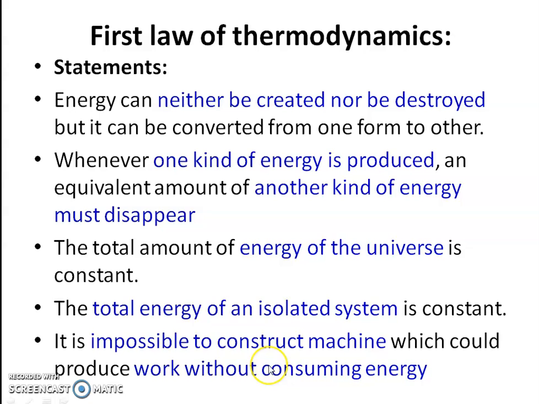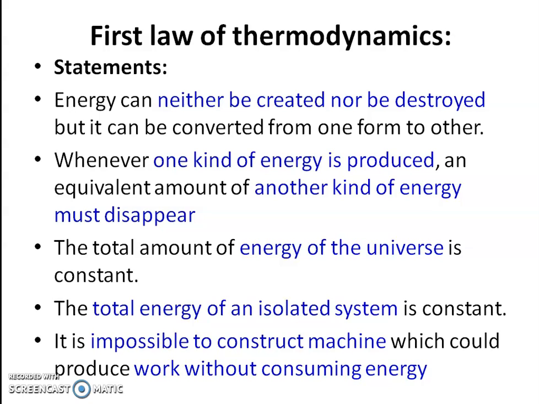Whenever any machine does work, that work must be at the expense of some energy, and always there is a conversion of energy from one form to another form. And work is one form of energy.